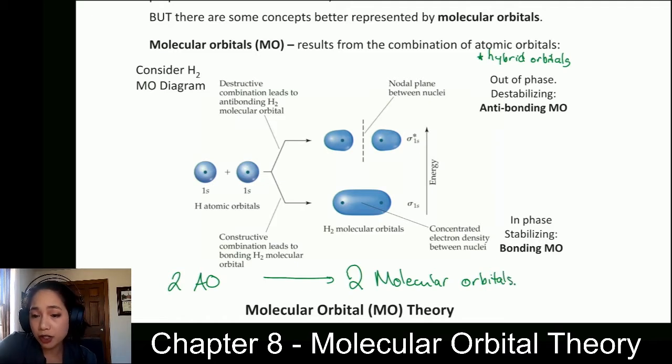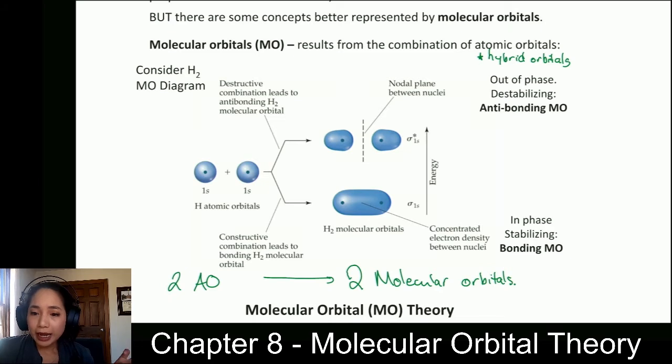So kind of like how we made hybrid orbitals, the number of atomic orbitals you put in equals the number of hybrid orbitals you get out. So it's the same thing here with molecular orbitals. The only difference is when talking about hybrid orbitals, we said all of those orbital energies were degenerate, or the same energy. That's not the case for molecular orbitals.